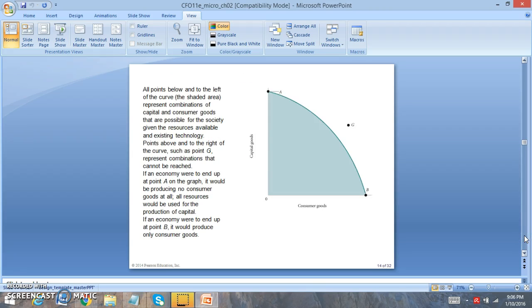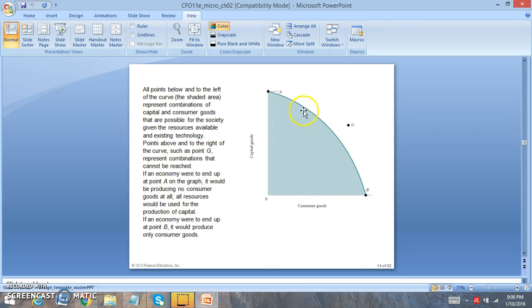Now let's look at the production possibility frontier. When we look at the production possibility frontier, this is another model that we can evaluate to understand both scarcity and the role of opportunity cost. If you look at this graph here, you have capital goods, which again are machines, and consumer goods. We can produce anywhere on this line. If we look at this production possibility curve, anywhere on this line is where the economy would like to produce.